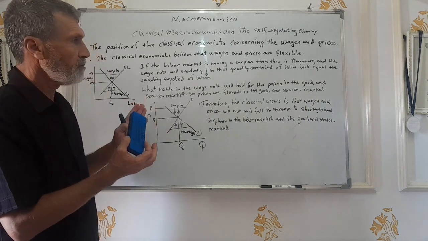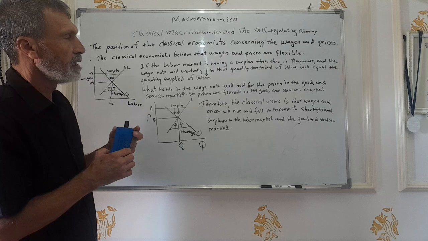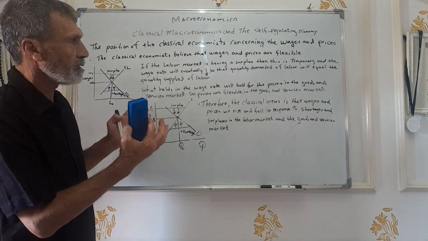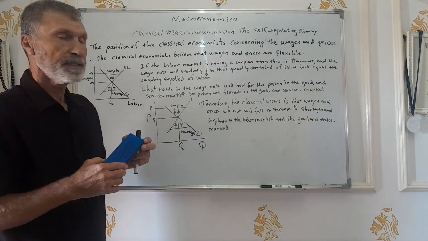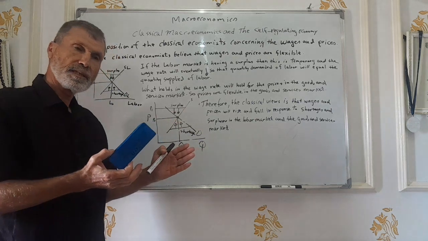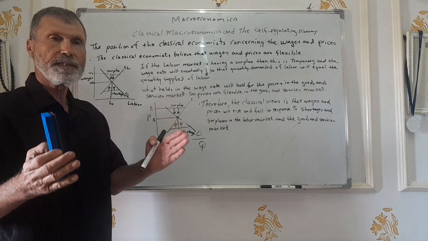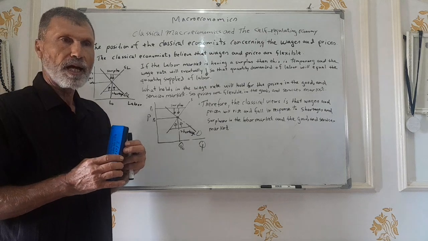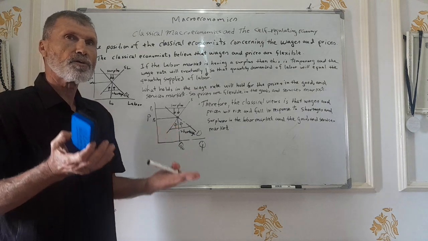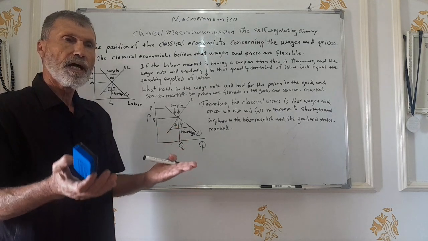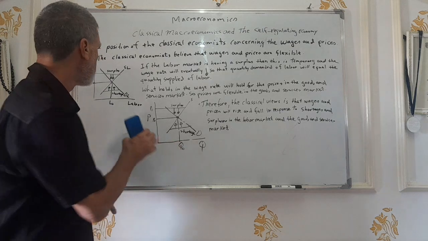We're going to study the views of those economists, and we're going to talk about three states in the economy, and the correspondence between these states and the labor market.